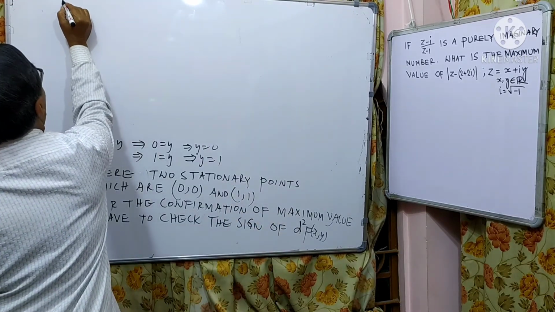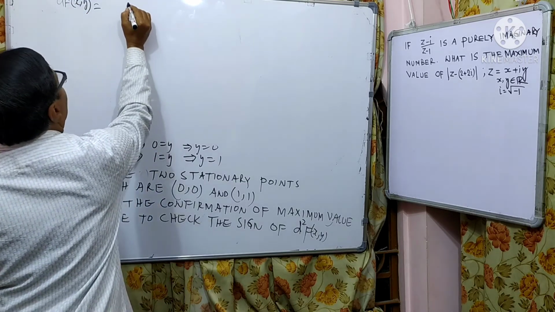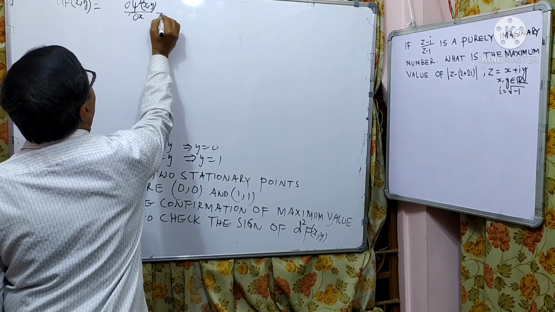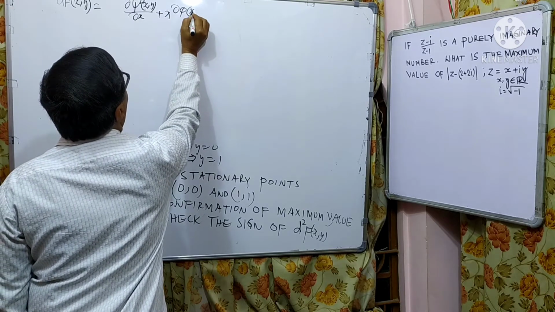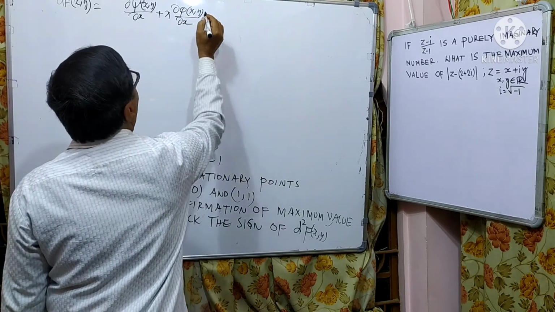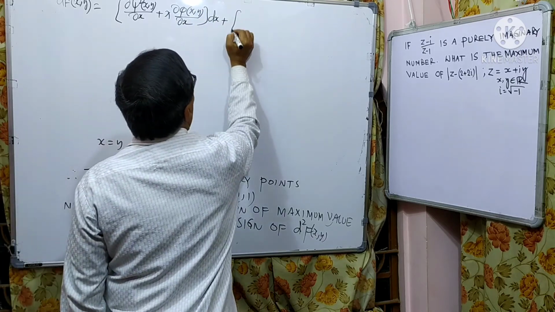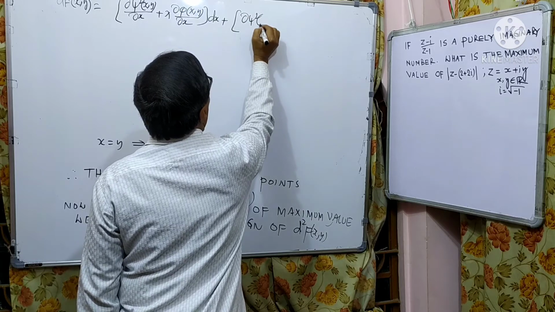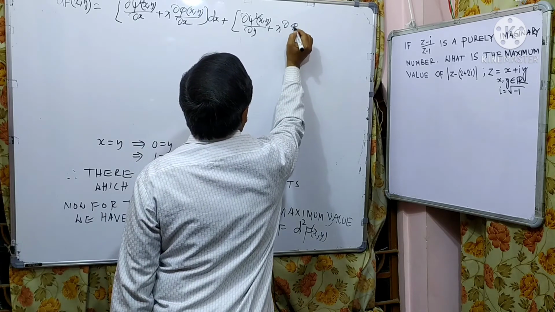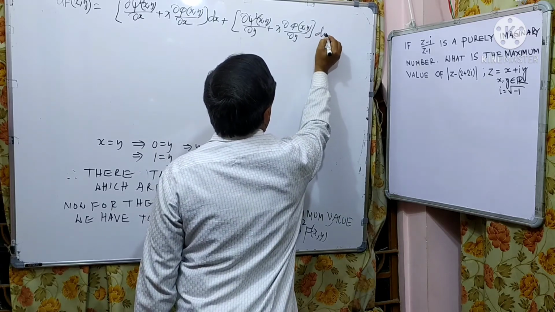We have got df x y equal to del psi square x y del x plus lambda del phi x y del x, dx, plus del psi square x y over del y plus lambda del phi x y del y, dy.